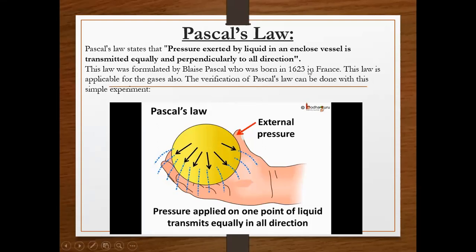The verification of Pascal's law can be done by a simple experiment as shown here. You can do it at home also. Take a small polythene bag, put a certain volume of water inside, and then close its mouth.